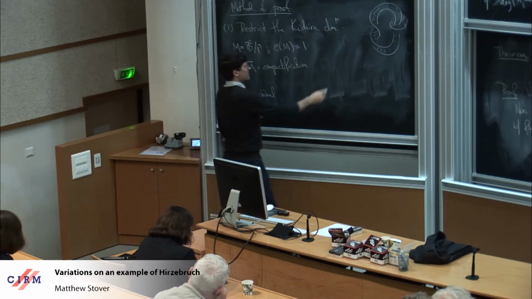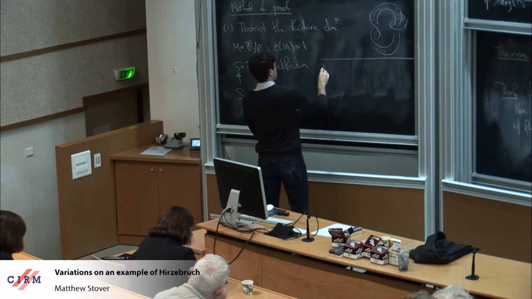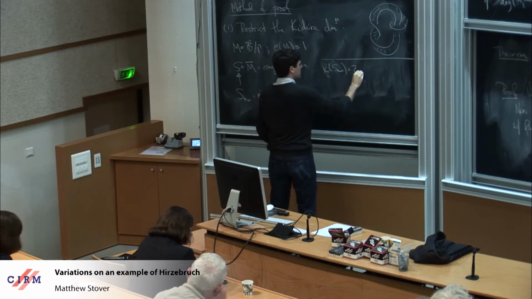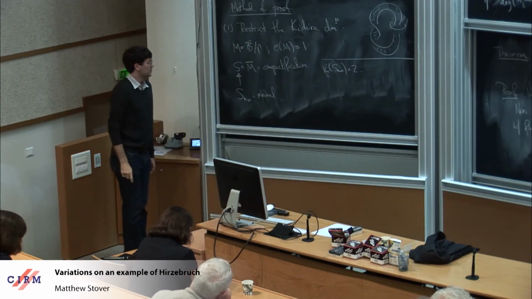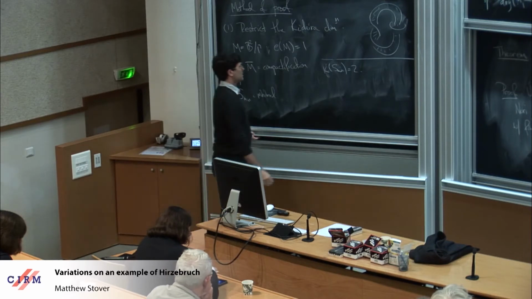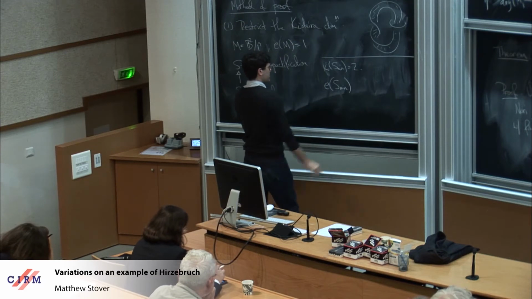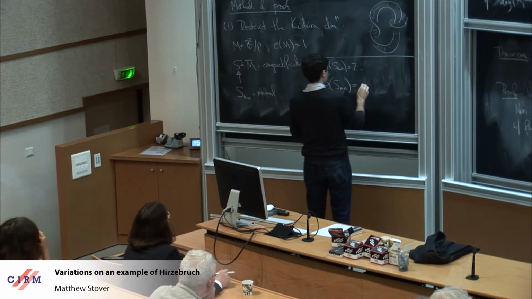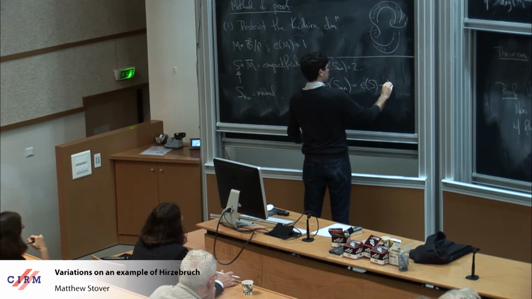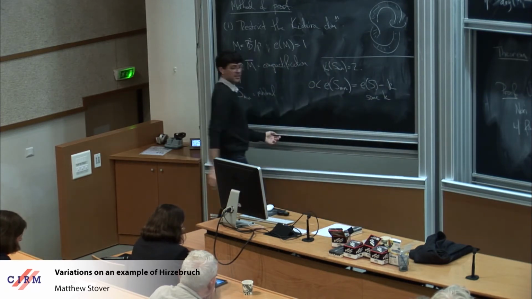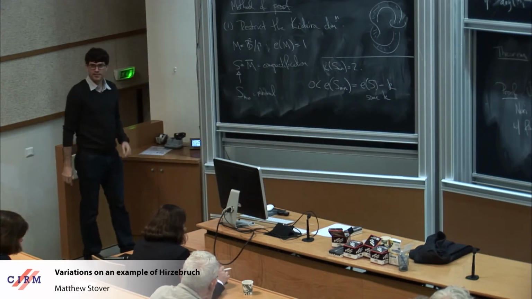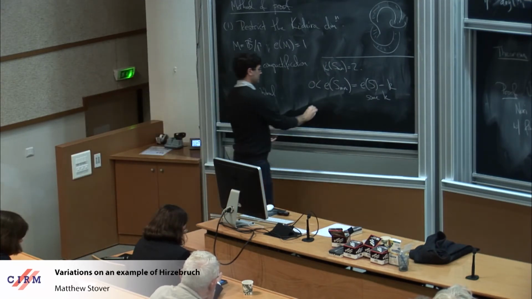So let's start off with an easy case. Let's assume that the Kodaira dimension, this is kappa, of S min is equal to 2. You see, the Euler number of the minimal model, so I've blown this up some number of times, is the Euler number of S minus k for some k. But this is general type, so that's positive. Right? That's just c2.